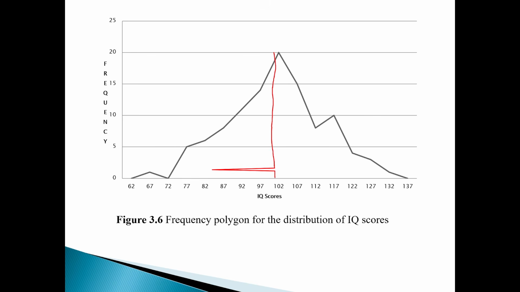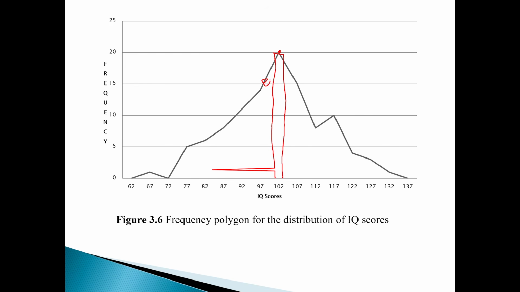Instead of drawing a bar like this, you should actually put a dot on the midpoint. Okay, you should put a dot here, up top on the midpoint. Again, do that also for 97.